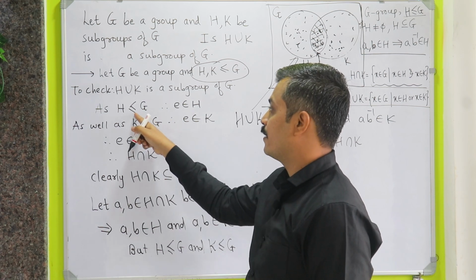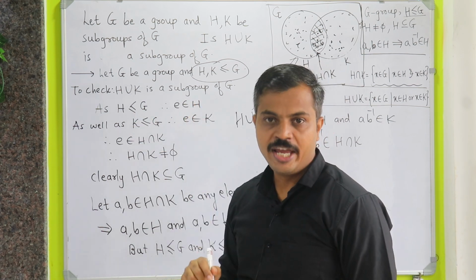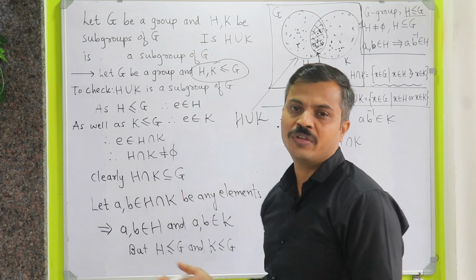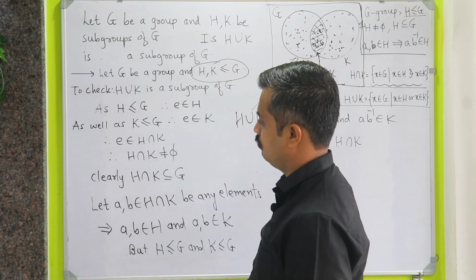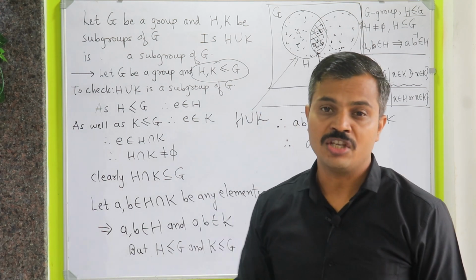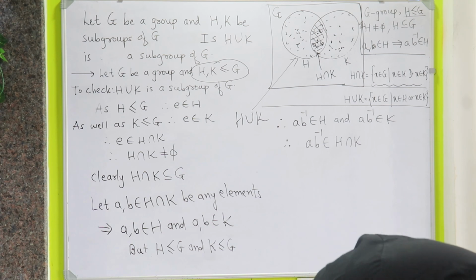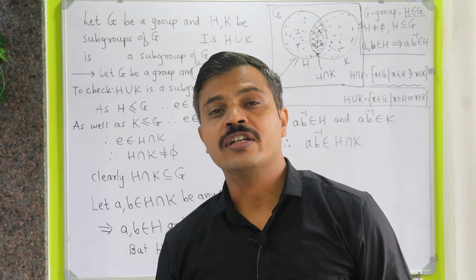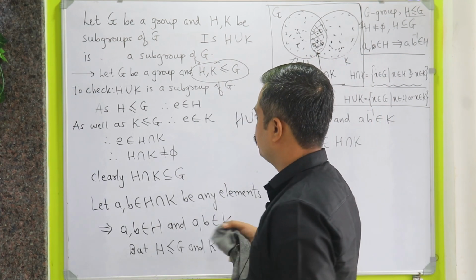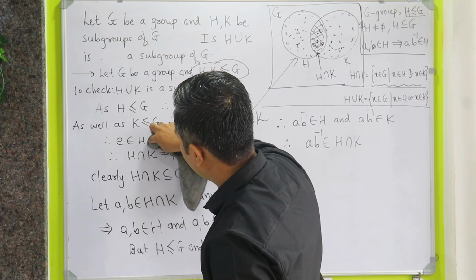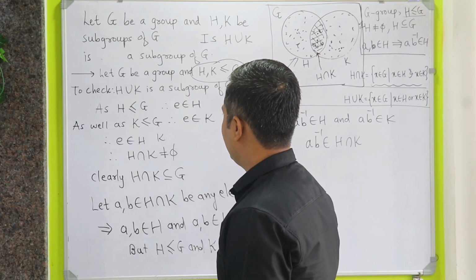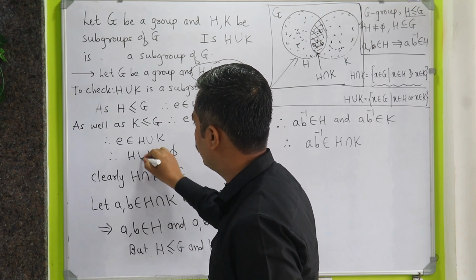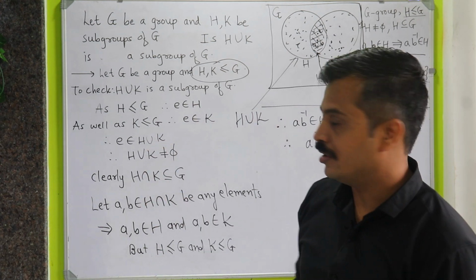So as H is a subgroup of G, E will belong to H. As K is a subgroup of G, E will belong to K as well, and therefore this E will be in H union K also. Remember, H union K either contains an element of H or an element of K. So this E belongs to H union K and therefore H union K is actually non-empty.